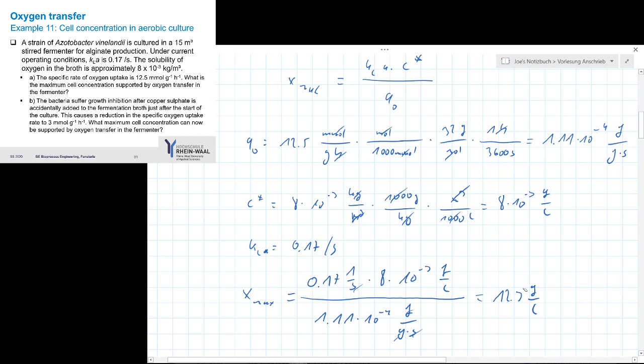If you end up with biomass concentrations in the range of tons per liter or way lower, then this looks unreasonable. This is the result here. So the question was, what is the maximum cell concentration supported by oxygen transfer in the fermenter? The response is 12.3 grams per liter, and you do the same if you change the oxygen uptake rate to 3 millimoles per gram per hour.